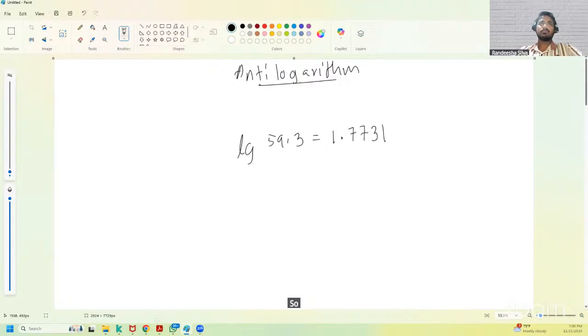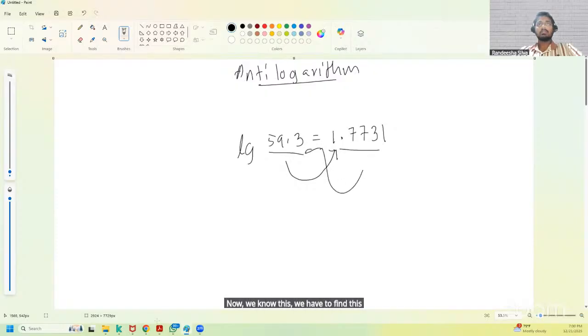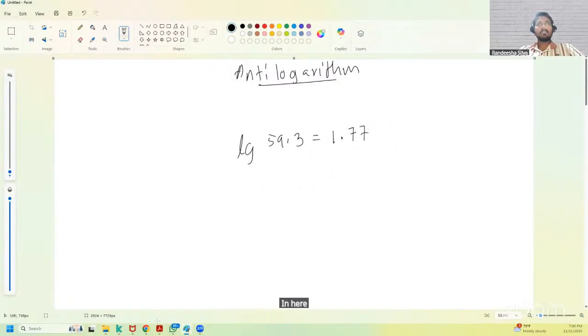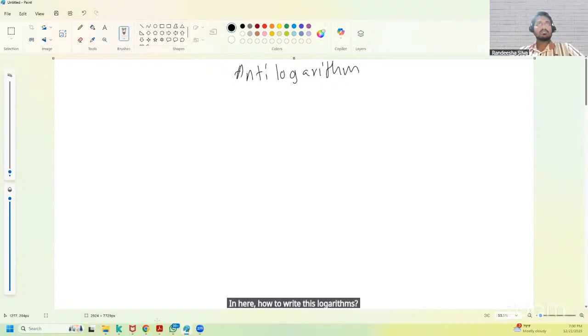First, we knew the number and had to find its logarithm. Now, we know the logarithm and we have to find the number. So to write these, we go like this.